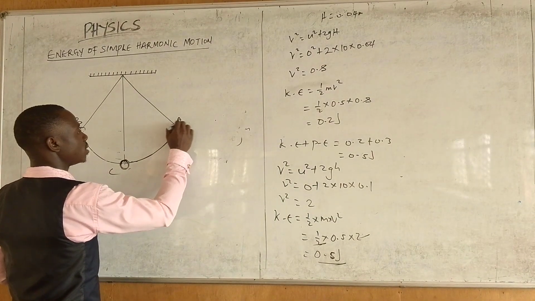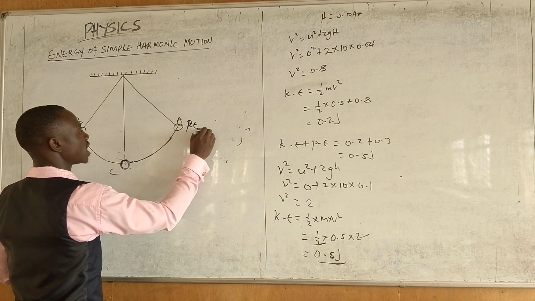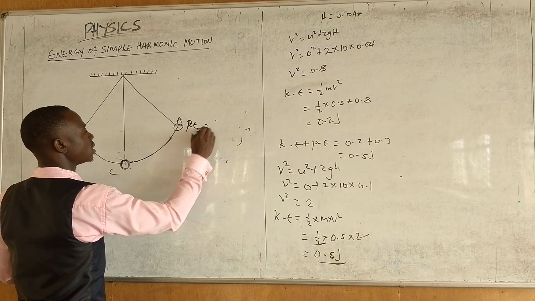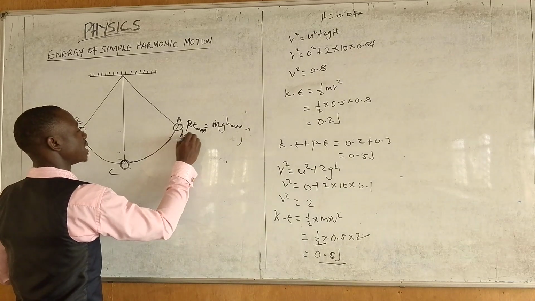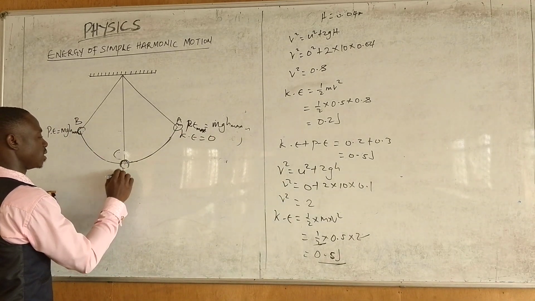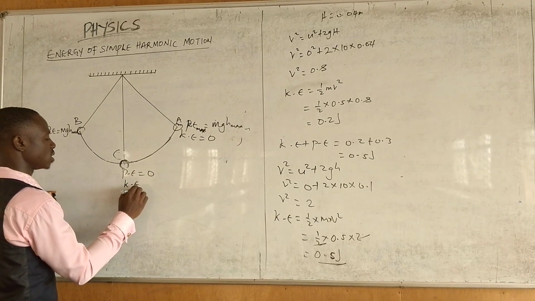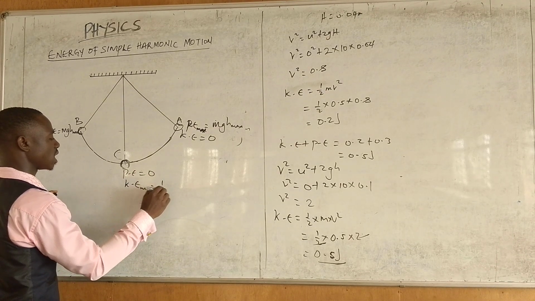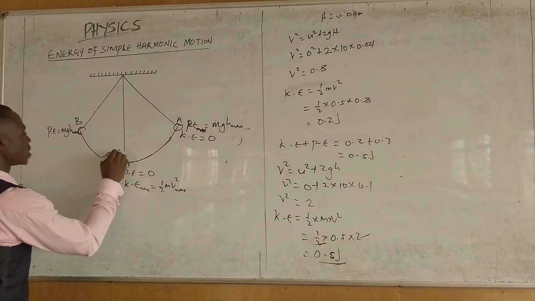So here, PE is maximum, which is equal to mgh max. But KE is 0. Here, PE is 0, and KE is maximum, which is half mv square max. This is where we have maximum velocity at point C.